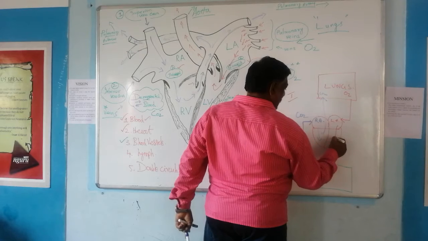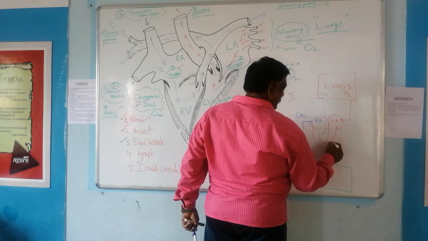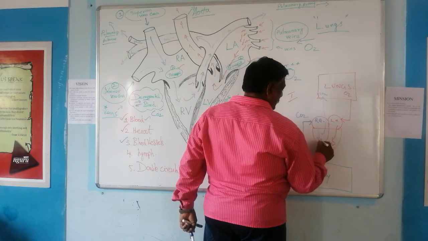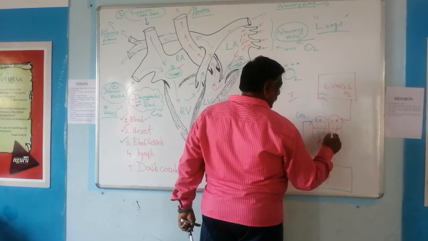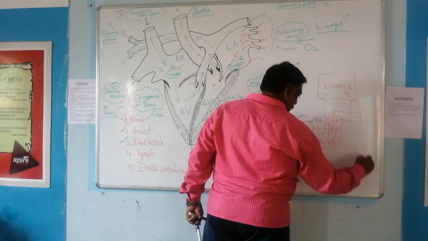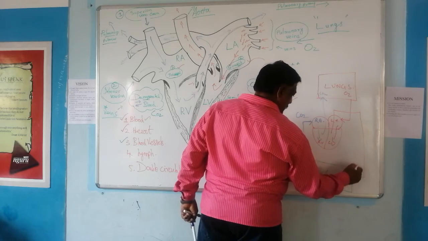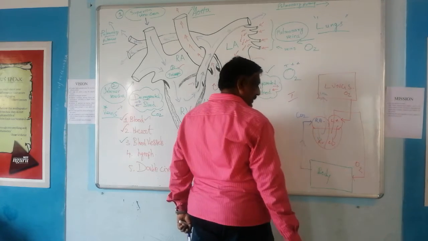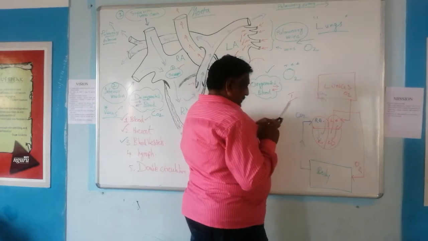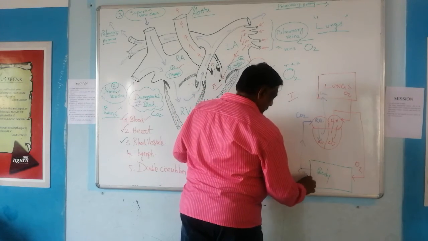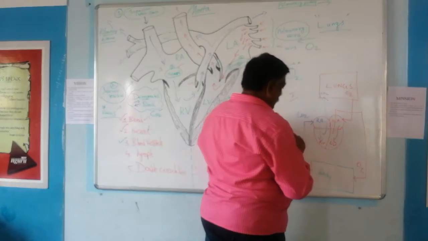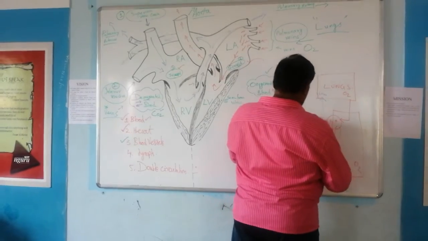The blood from here enters into the left ventricle. This is the right ventricle. From here again the blood goes to the body, supplies oxygen. The body uses oxygen and leaves carbon dioxide, and this is the second circulation.